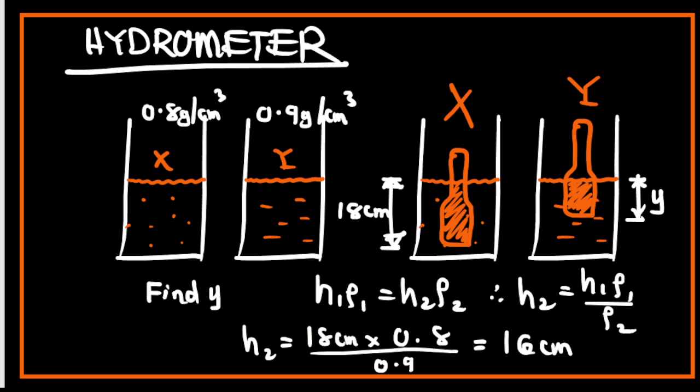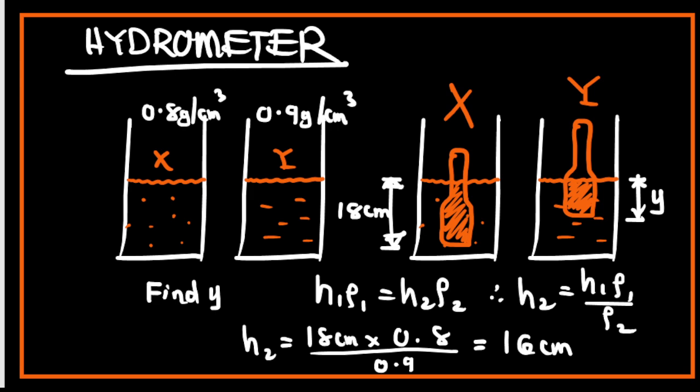We're able to get the depth in the second liquid to be 16 compared to the first liquid, which is 8. This is a testament that an object goes deeper in a less dense liquid. You get that?